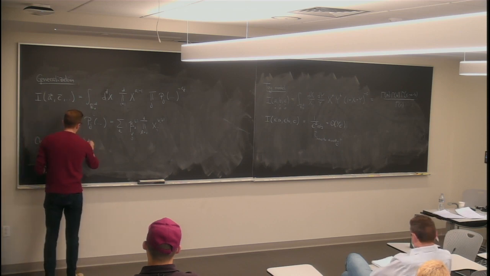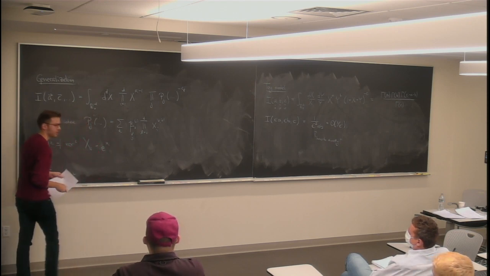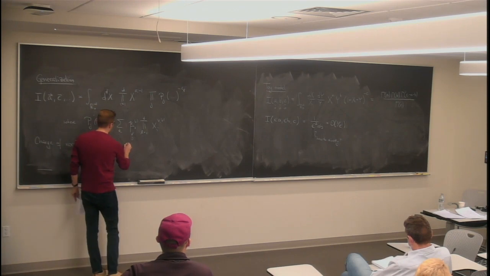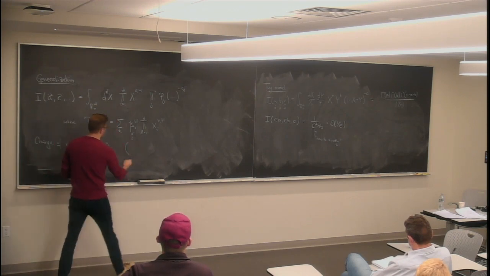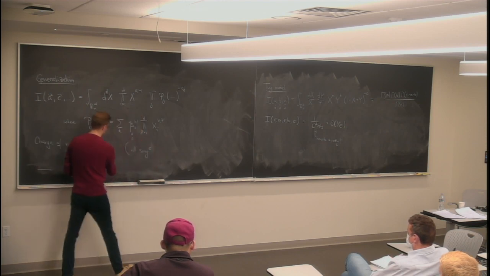Okay, so it's very convenient at this stage to do a change of variables from x's to what I call lowercase x, which are just related to the original ones by the logarithm.